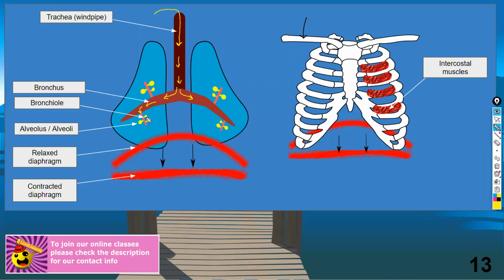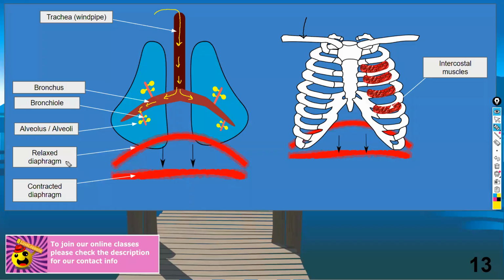Singular. Some of you all might be confused about this thick red line. I'm not too sure if you all ever realize this, right? If you put your hands on the upper part of your stomach and you breathe in and you breathe out, and you kind of push your hands to the upper part of your stomach, you will feel a kind of muscle moving up and down whenever you breathe.